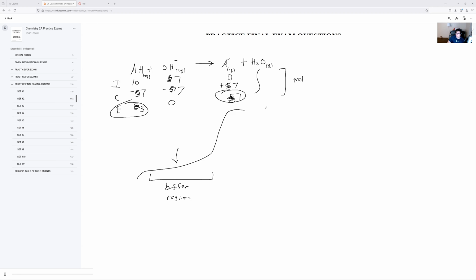Got it. I think you guys might be talking about different ones. There are buffer problems where you just pick the buffer with the closest pKa, and they give you the initial amount. Oh, got it. Yes, it still should be minus X. That might have been a mistake on the answer key.